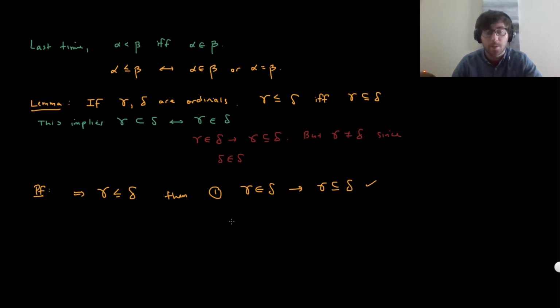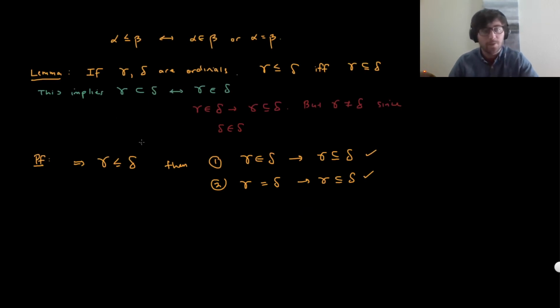That's what we wanted to prove. Or gamma is equal to delta, and that's also done as well. So in either case, we'd be good. All right, so that's the forward direction.